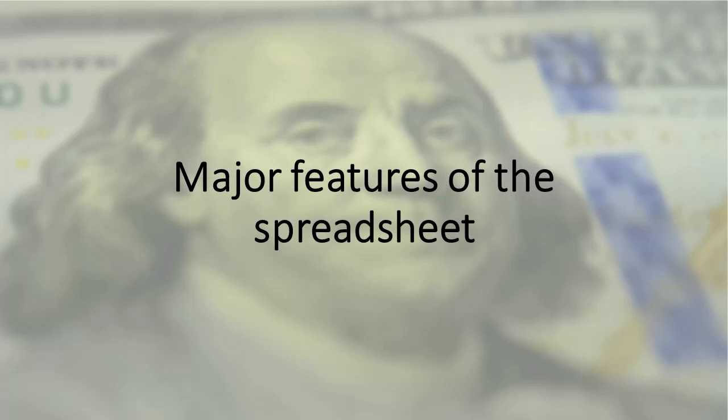So now I'd like to go over what are the major features that this spreadsheet offers. It provides a forecast of checking and savings account transactions and balances for some length of time into the future. It allows me to set a lower balance limit or buffer for checking so that, as a general rule, checking should never be allowed to go below that amount. The idea is to leave that amount in checking as a buffer for unexpected expenses or spending above the forecasted amounts to guard against overdraft situations.